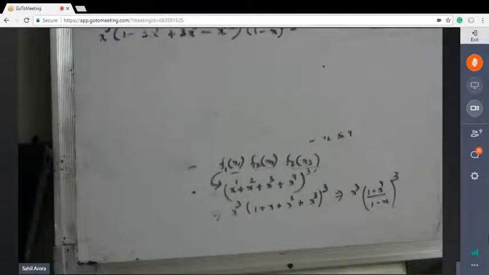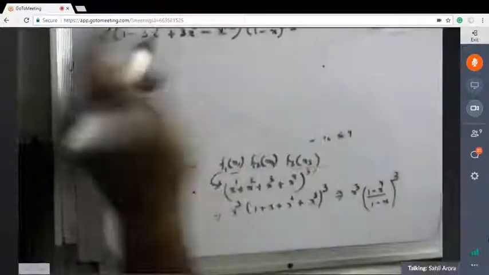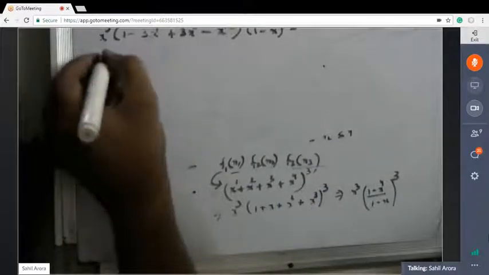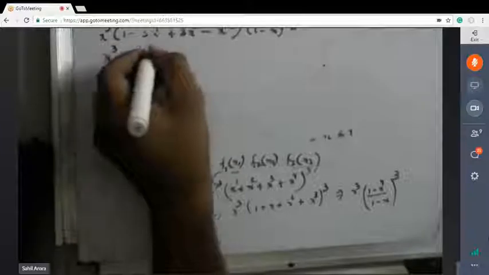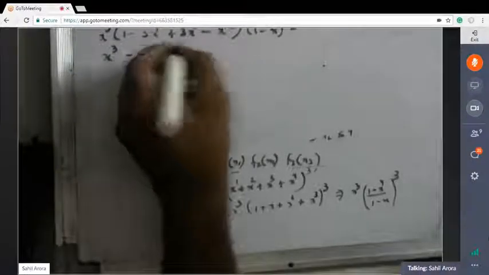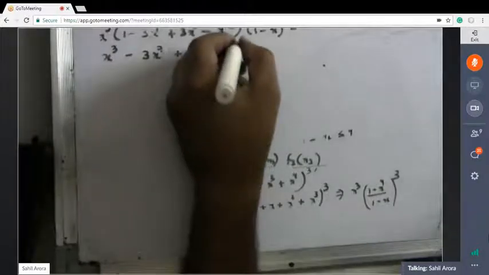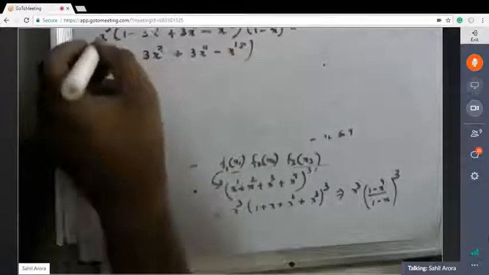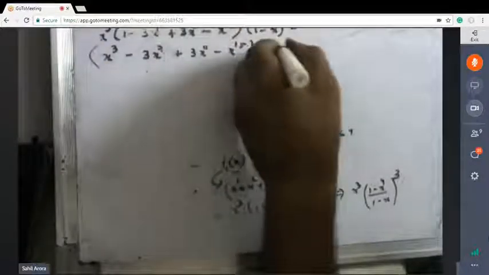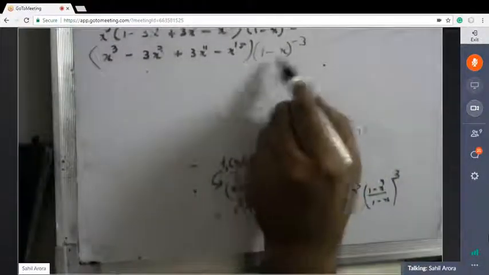Now I can multiply x cube with every term. We got x power 3 minus 3x power 7 plus 3x power 11 minus x power 15, and we got (1 minus x) power minus 3.